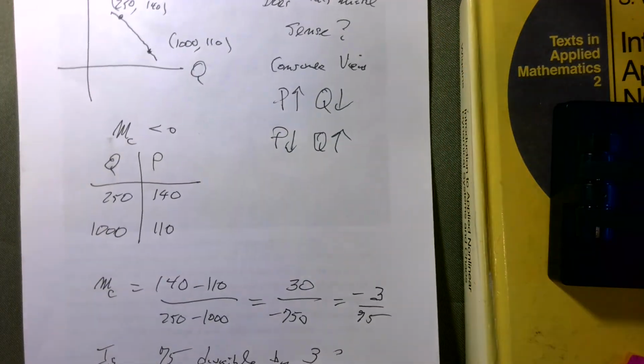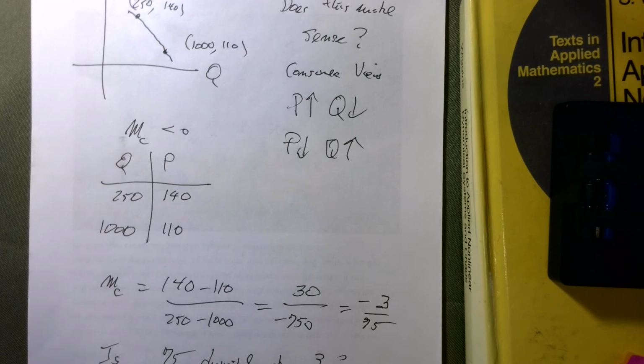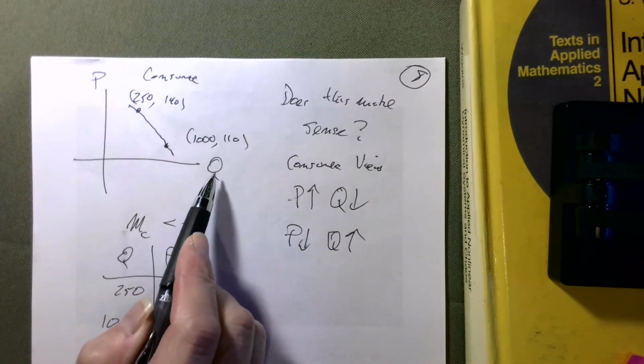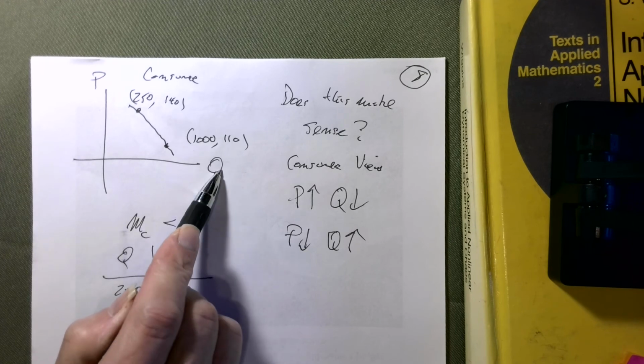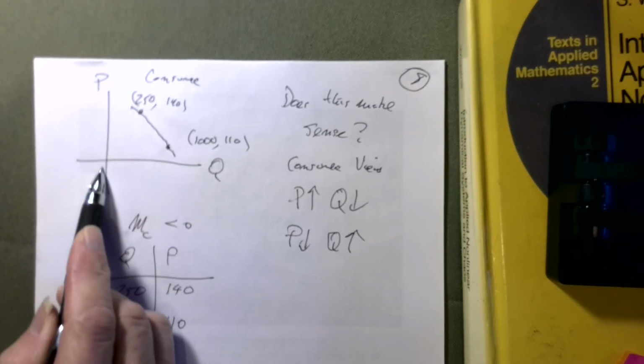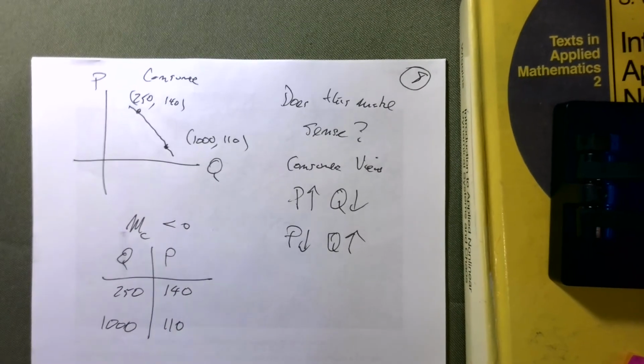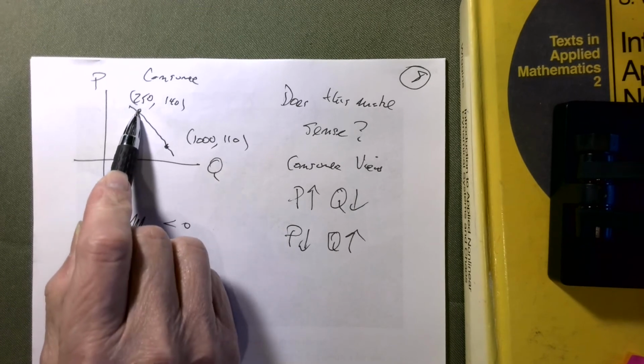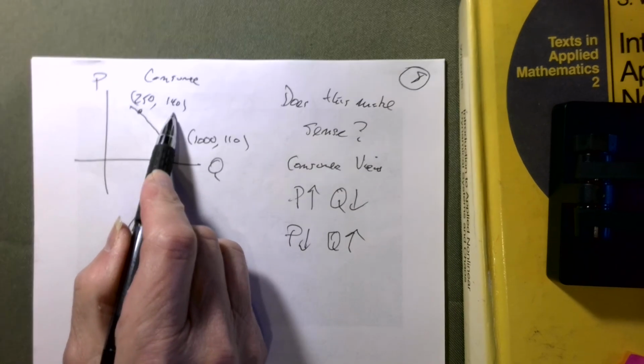And we've got to figure out which is which. So let's take a look at the consumer. Now remember, the economists take as the convention that the quantity of demand is the x-axis and the price is the y-axis. So I'm just going to plot the points. This is from the consumer's point of view. The demand is 250 when the price is 140.